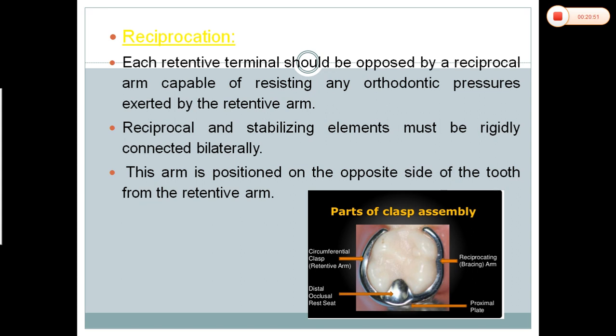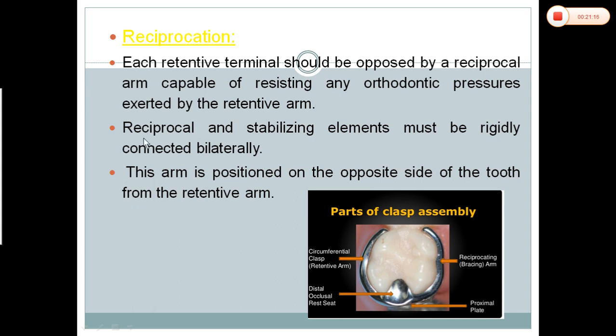This counteraction, or reciprocation, is given by the reciprocal arm. Each retentive terminal should be opposed by a reciprocal arm capable of resisting any orthodontic pressure exerted by the retentive arm. Whenever the retentive arm pushes the abutment tooth, it leads to orthodontic pressures.